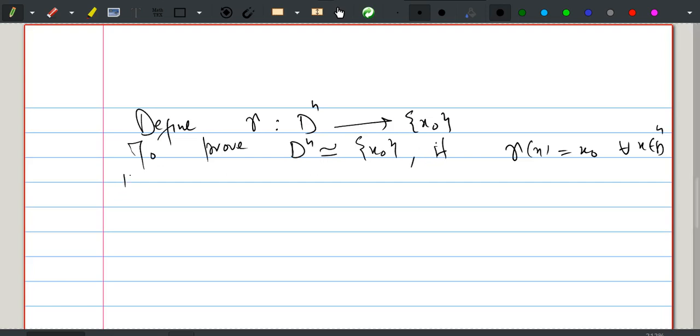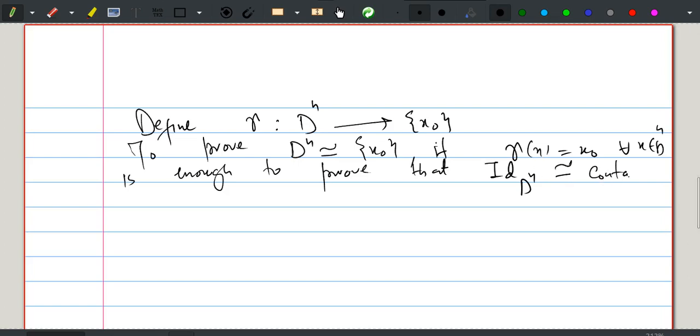It is enough to prove that the identity map on Dn is homotopic to the constant map. So we have to exhibit such a homotopy.